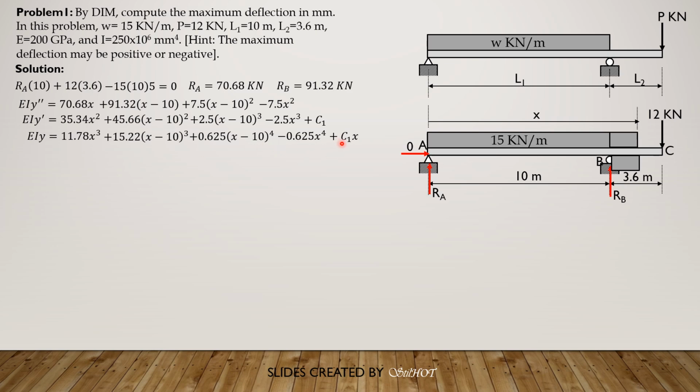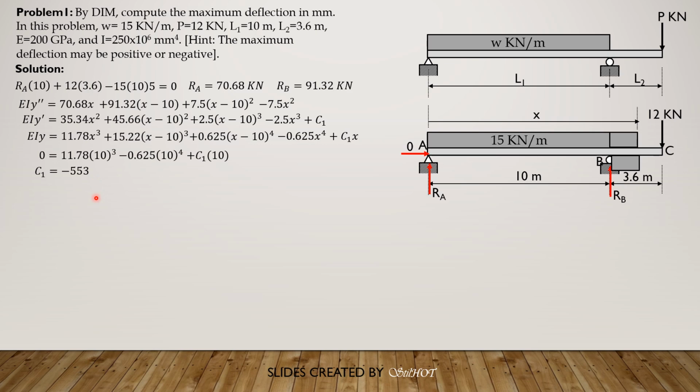Next, we evaluate C sub 1 by this boundary condition: when X is 10, Y is 0. So 0 equals 11.78 times 10 cubed, then this is 0, this is 0, then minus 0.625 times 10 to the 4th plus C sub 1 times 10. Solving for C sub 1 is equal to negative 553.